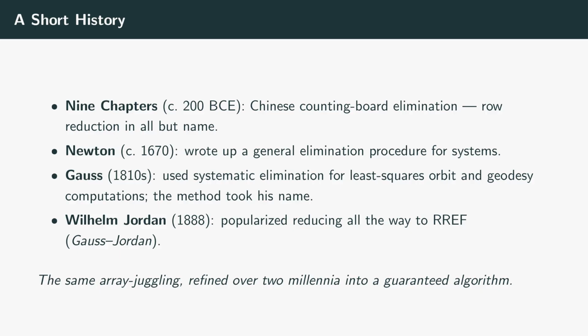In the 1810s, Carl Friedrich Gauss applied systematic elimination to enormous least squares computations for astronomy and land surveying, and the method came to bear his name. And in 1888, the geodesist Wilhelm Jordan popularized carrying the reduction all the way to the fully reduced form, which is why pushing to reduced row echelon form is often called Gauss-Jordan elimination. So the recipe you learned today is the same array juggling humans have done for 2 millennia, sharpened into a guaranteed mechanical algorithm.